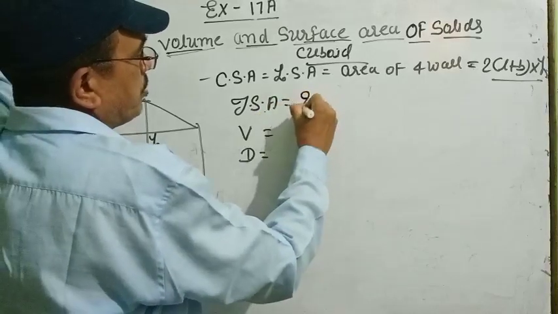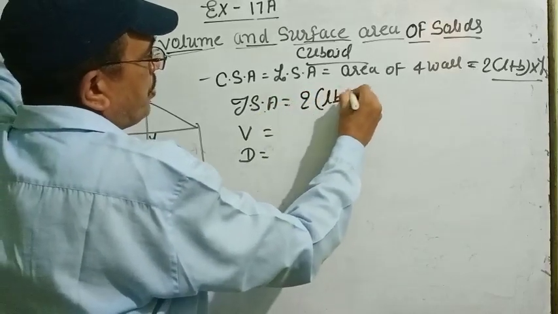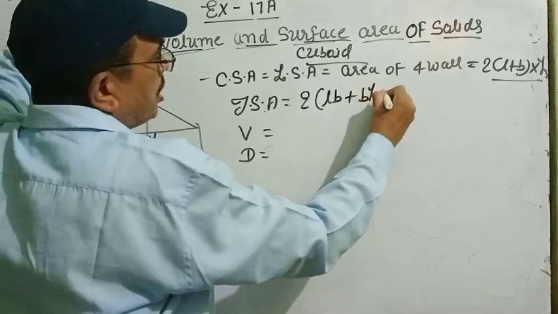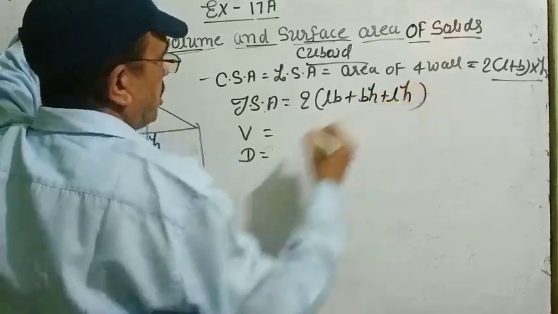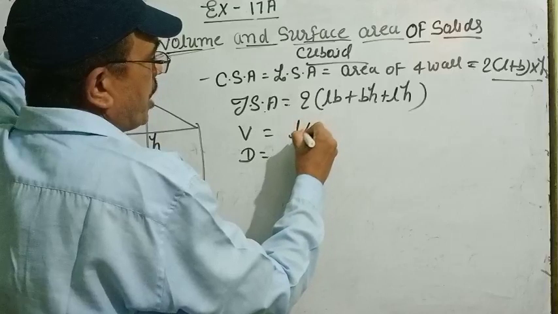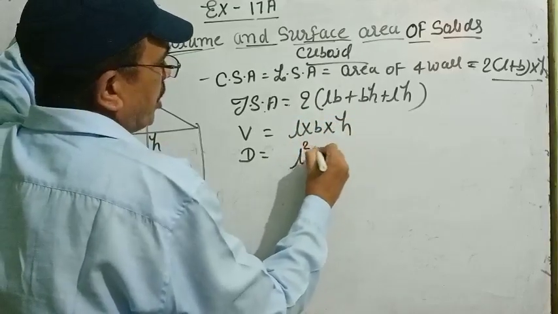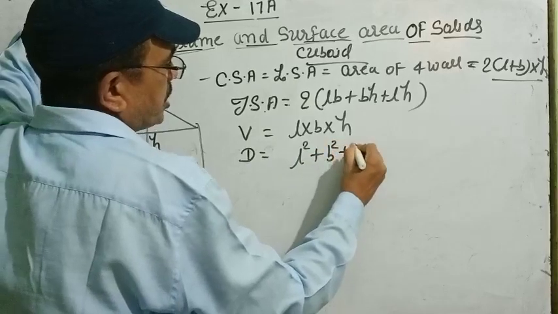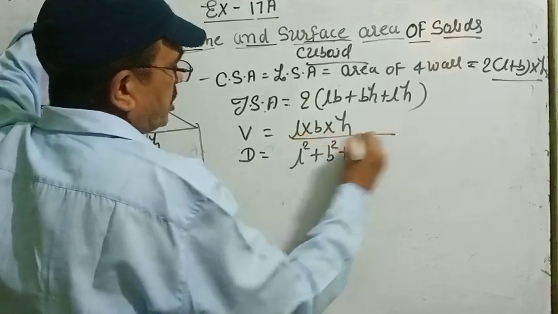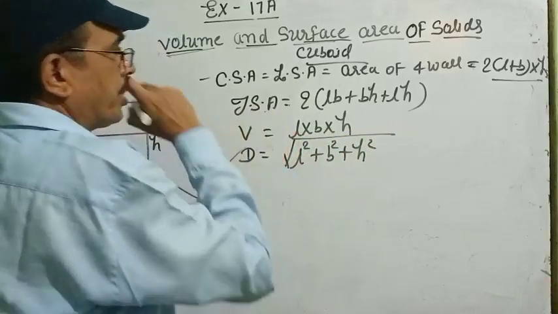Total surface area is equal to 2 into (lb plus bh plus lh). And last, volume is equal to length into breadth into height, and the diagonal is equal to under root l square plus b square plus h square.